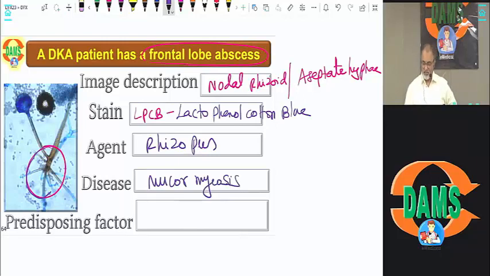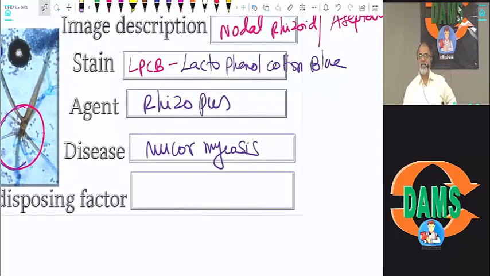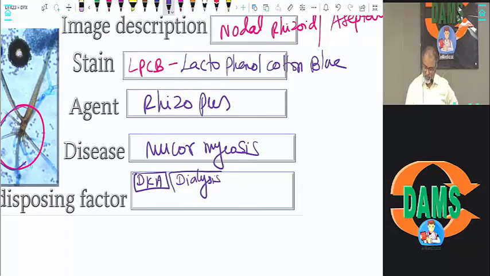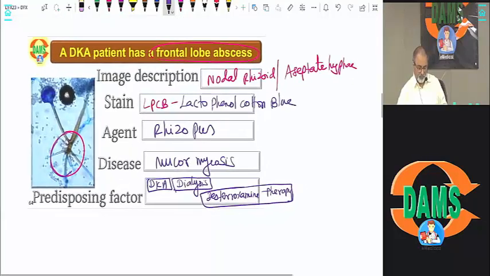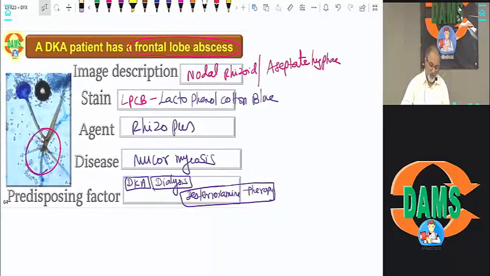Predisposing factors, remember my mnemonic, D, D, D: diabetic ketoacidosis, dialysis, and desferrioxamine therapy. Desferrioxamine therapy, or iron chelating therapy.